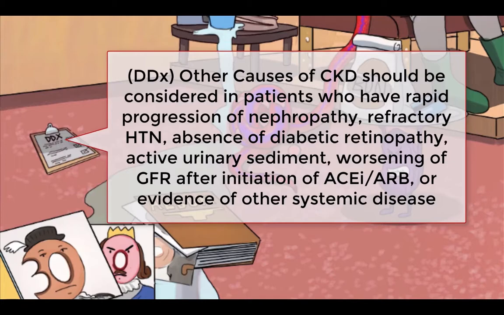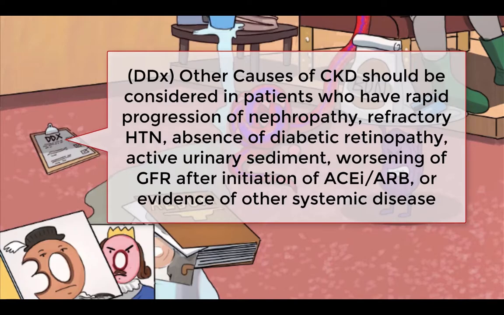Similarly, diabetic kidney disease typically doesn't lead to severe hypertension. Therefore, a patient who has evidence of kidney disease and refractory hypertension should make you think of other causes of CKD. Additionally, diabetic nephropathy often occurs with diabetic retinopathy. If nephropathy occurs in the absence of retinopathy, keep other causes of CKD on your differential.